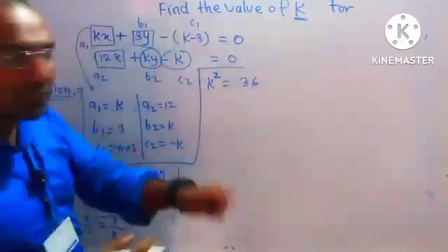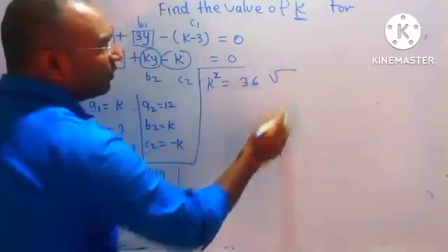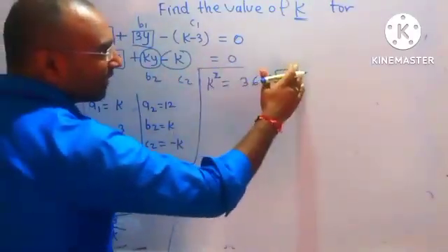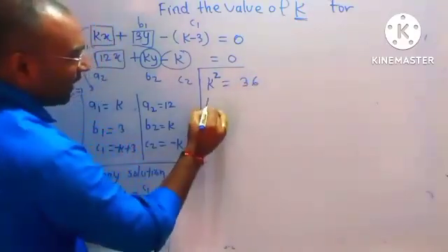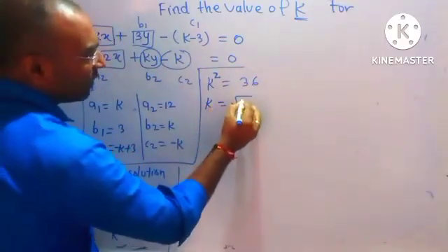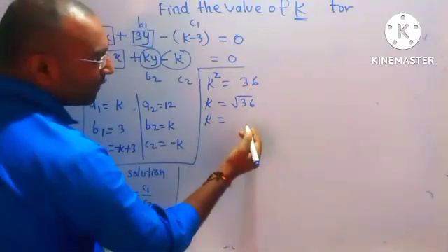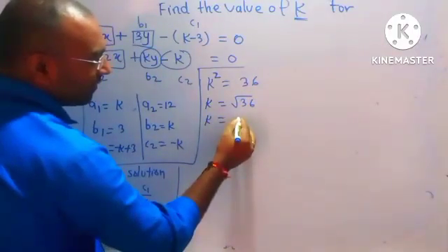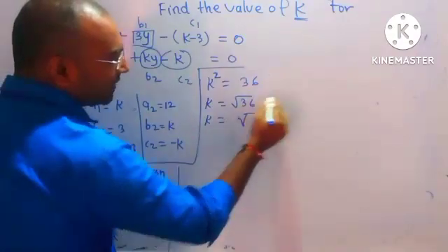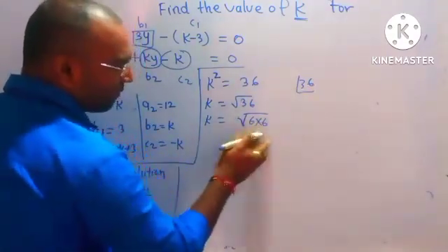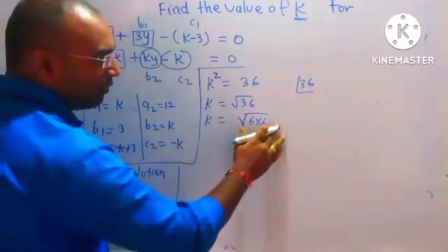After transposing, this power gets converted into a root. So k is equal to root 36. What's the root value of 36? 36 can be written as 6 into 6.